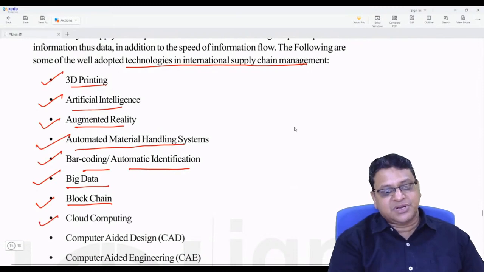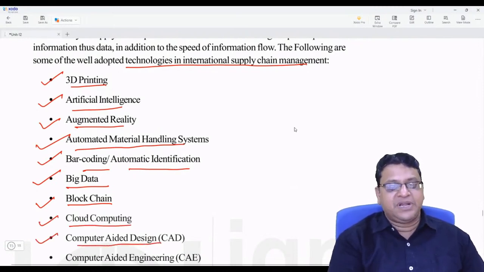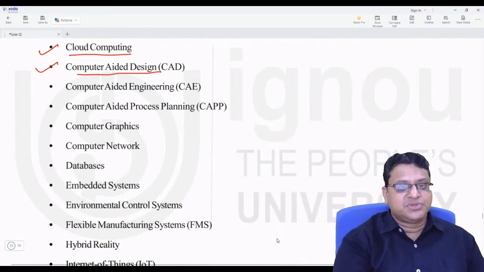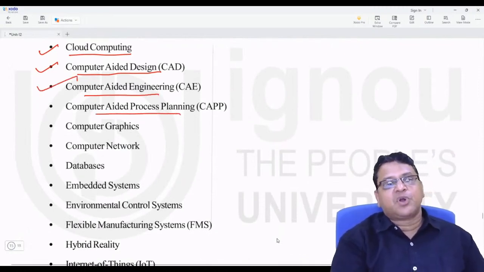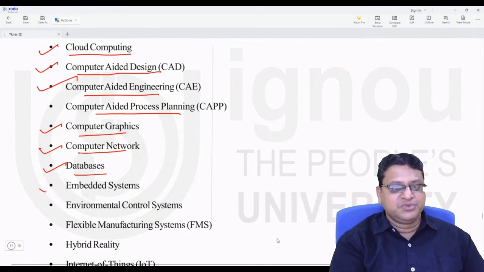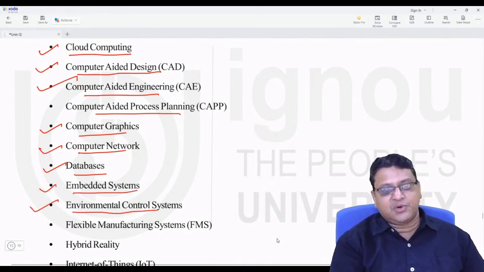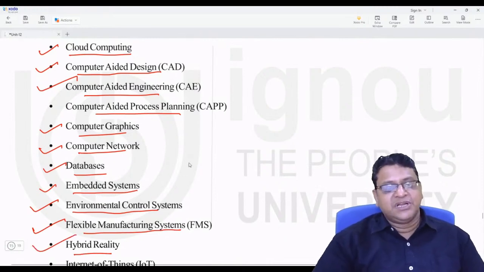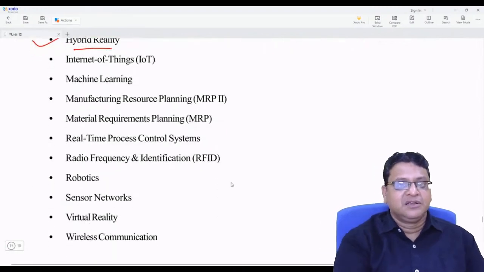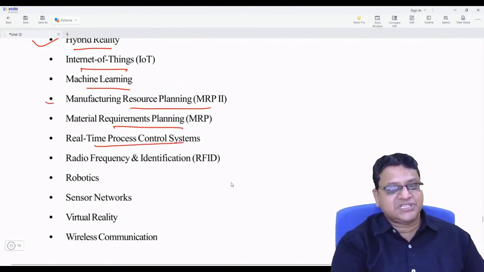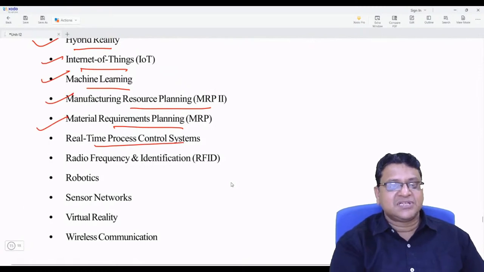We use cloud computing, CAD (computer aided design), CAE (computer aided engineering), CAPP (computer aided process planning), computer graphics, computer networks, database management, embedded system management, environmental control systems or ECS, flexible manufacturing systems FMS, hybrid reality, IoT (Internet of Things), machine learning, material resource planning 1, material resource planning 2, and real-time process systems. These are modern technologies in international supply chain management.